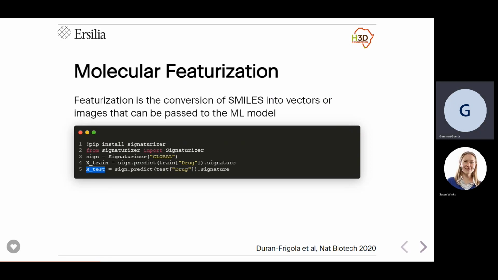So now I need the X, what I'm gonna use for the model. So I take these smiles, and I use the chemical checker, which is very easy to use, as you see. And I get the X, I call it X train, because it's the X from the train data. Basically, instead of having a list of smiles, I will now have a list of vectors.